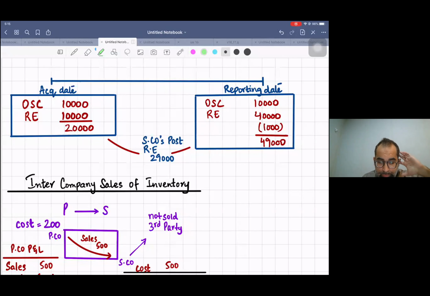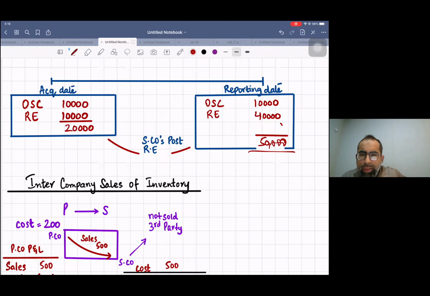Now listen, this is very routine that each and every time you will make net assets packet: acquisition date net asset and reporting date net asset. So how much is the acquisition date this time? 20,000.